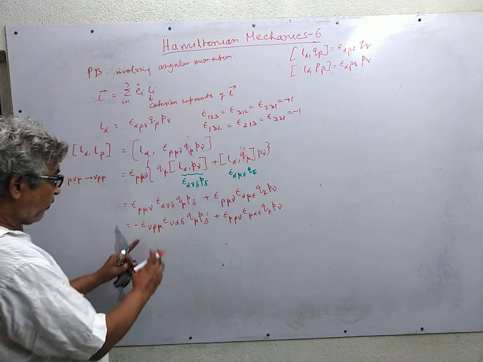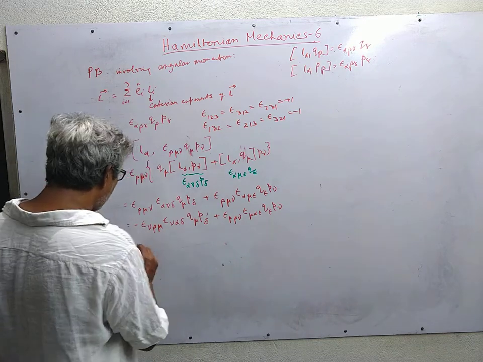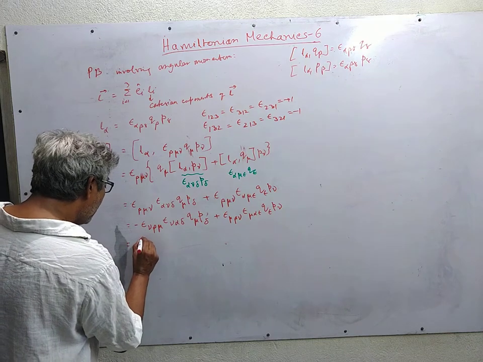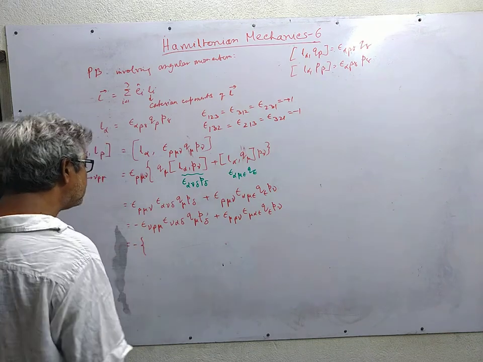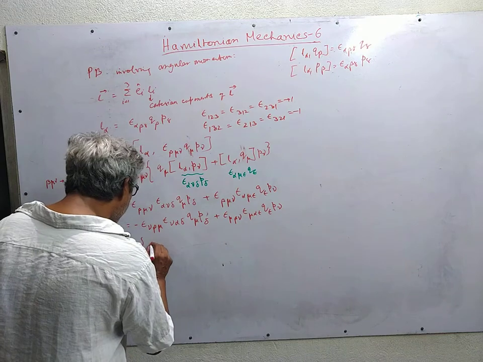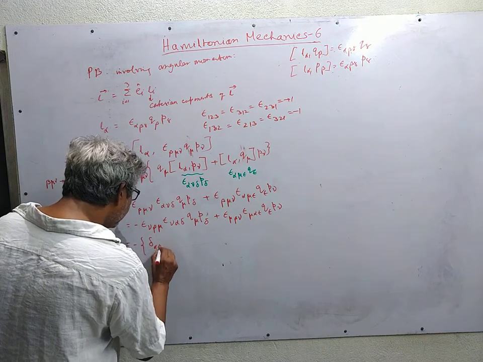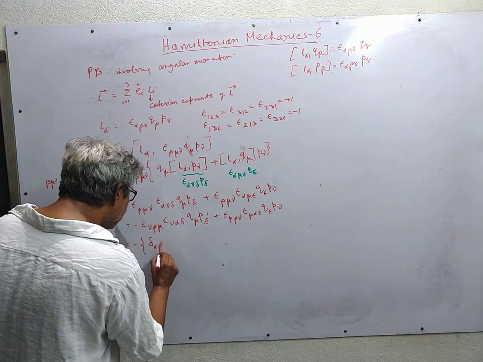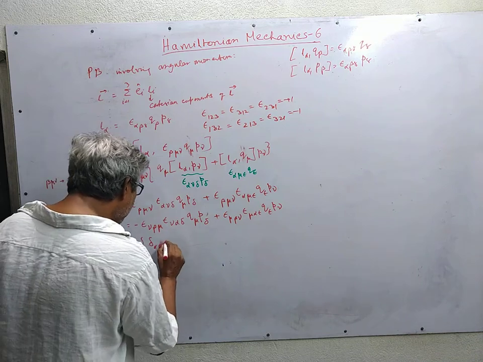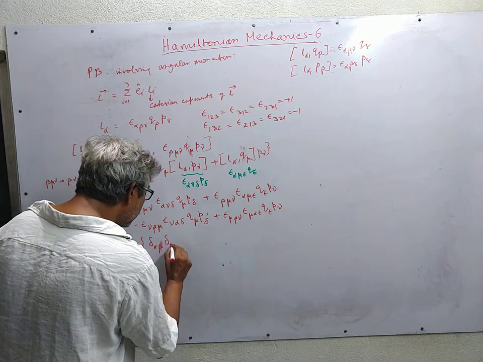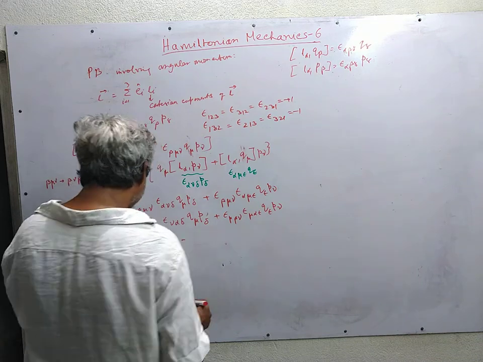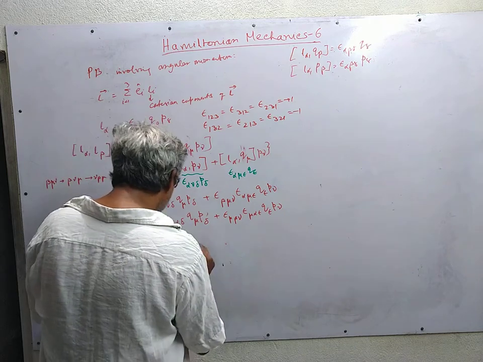You know that when this sum is carried out, we have two delta functions. The positive delta function will be delta of alpha beta, first with first, second with second, and third with third. And with the minus sign, second with third.